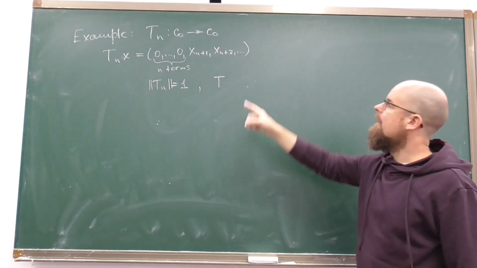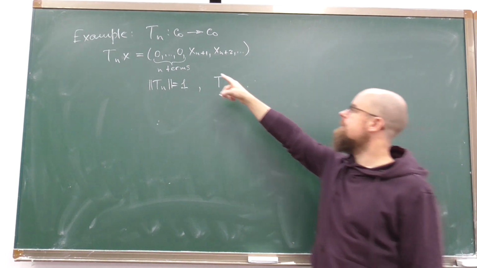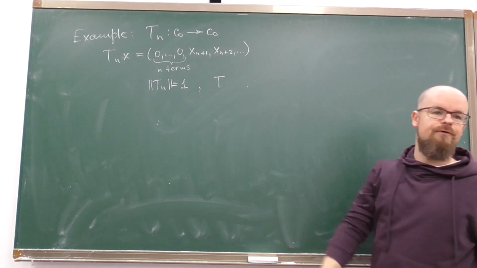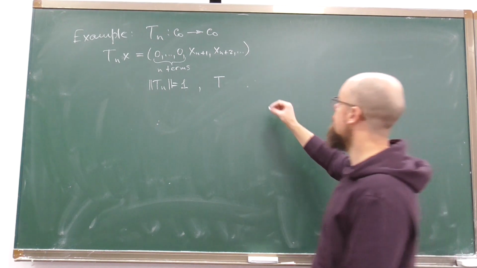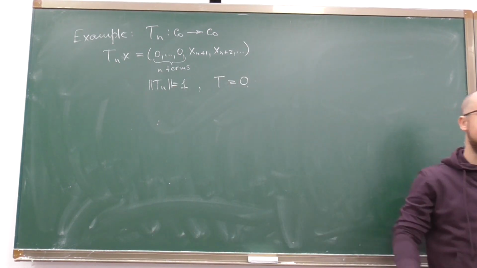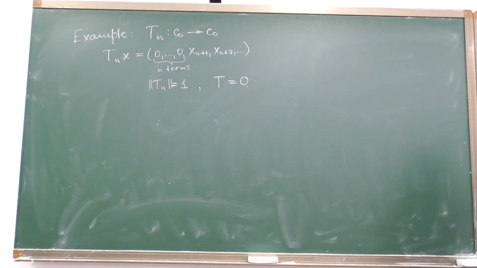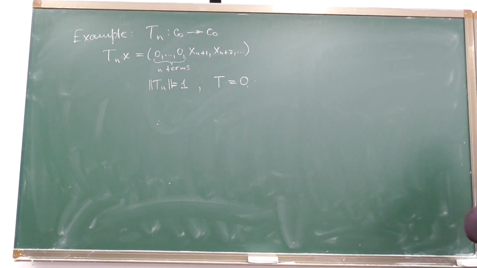But when we take the operator T being the limit of Tn of x, we get nothing but 0. So T is 0, and so its norm is 0. And so the left and the right hand side are distant from each other by 1. Well, if you want a larger distance, multiply Tn by a scalar, and you can get this distance as large as you wish.